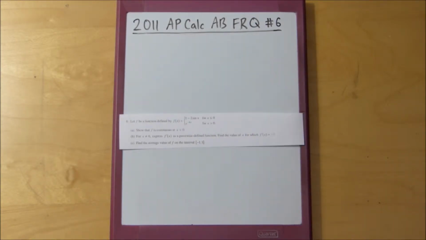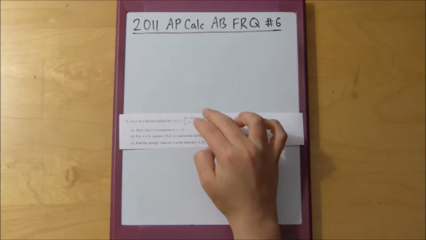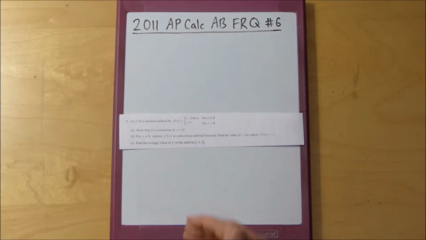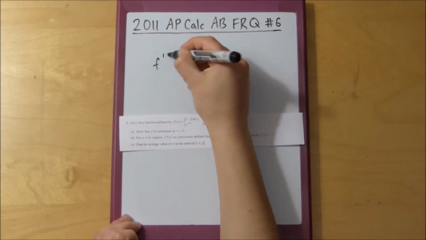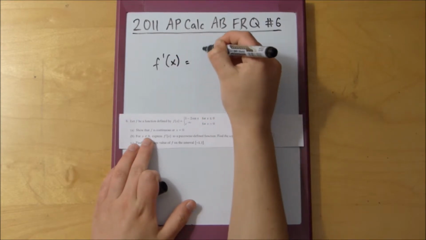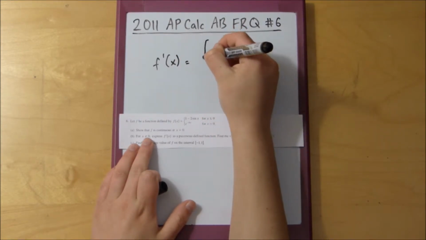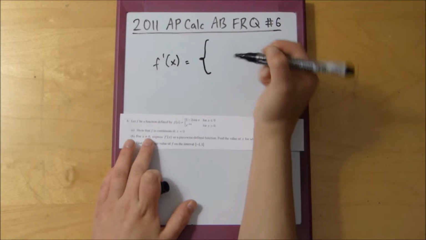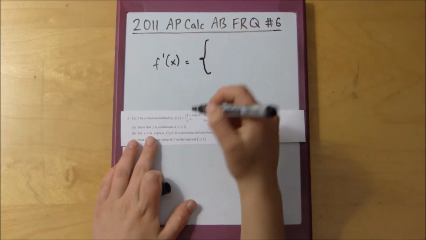And for question B, the question asks to express f prime of x as a piecewise function. So what we do is we take these two parts of the piecewise function and we take the derivative of both of them. So let's do black. So f prime of x equals, let's see if I can draw this, it's a little bad, but okay.